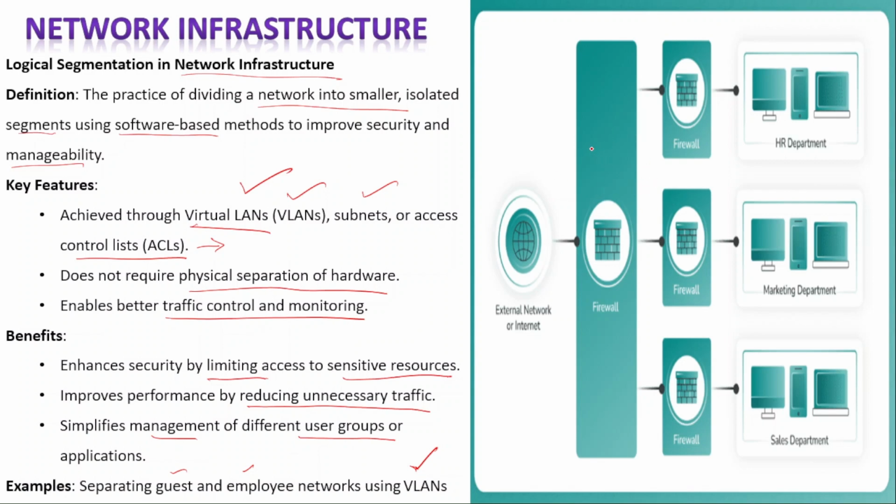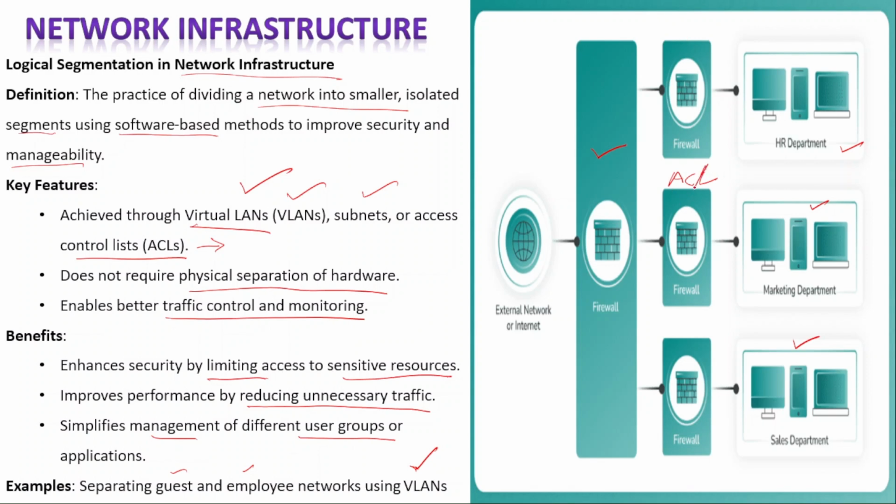Let's suppose you have this physical firewall, and then you can separate multiple different workloads such as the HR, the marketing, and the sales workloads using ACLs or security policies. So these may not be physical firewalls.